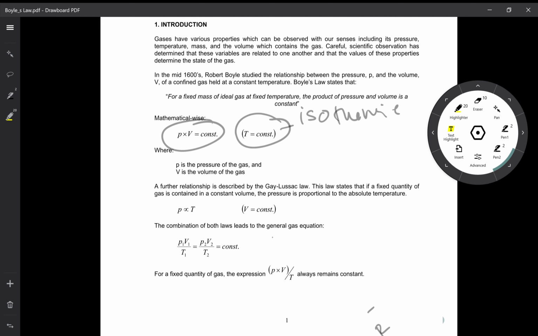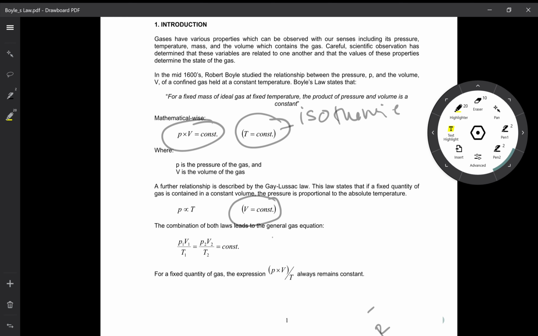Then comes Gay-Lussac's law. It states that for a fixed quantity of gas contained at a constant volume, the pressure is proportional to the absolute temperature. So when the volume is held constant, the pressure is proportional to the temperature.